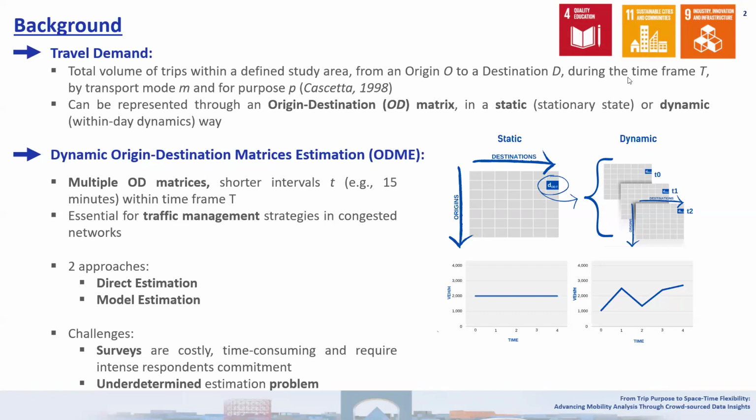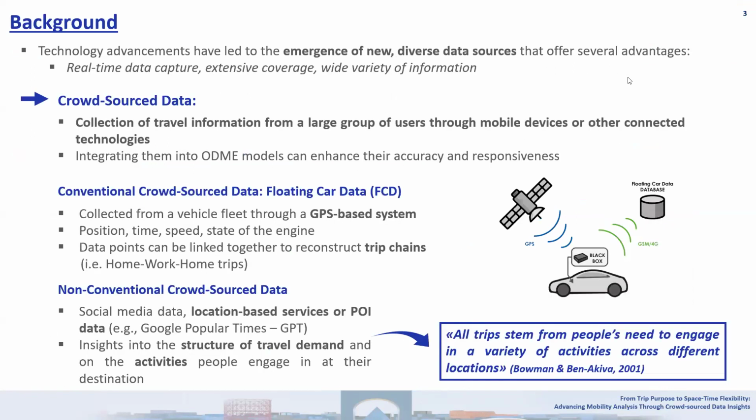So let's come back to the first presentation. How can we use this data to improve our estimation of travel demand? Which type of data, first of all?